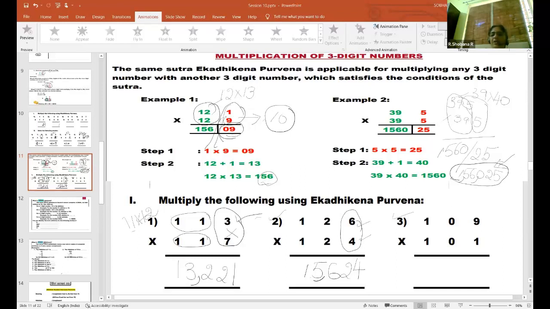This one is also very easy, teachers: 1100 into 1109. Always remember the product of the ones place has to be 2 digits. So when you get 9 and 1, which makes 10, don't just write 9, it will be 09. This is the one thing you have to remember. And both have 10, so it will be Ekadhikena Purvena.